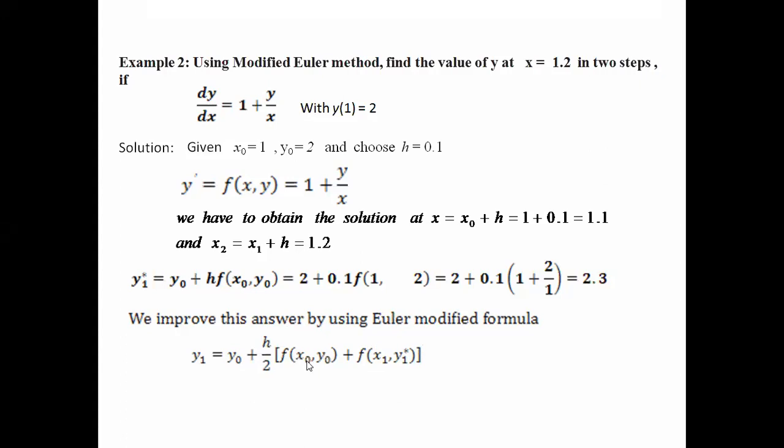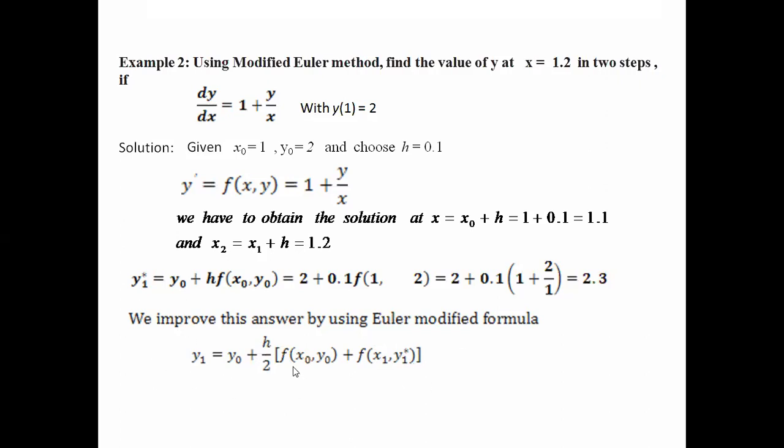They denoted h into f of x0 y0 as k1 and h into this much as k2. So this formula becomes y1 is equal to y0 plus, taking this h inside, 1 by 2 into h into f of x0 y0, which we call k1, and this one, h into this much, is k2. So we get y1 is equal to y0 plus 1 by 2 into k1 plus k2.